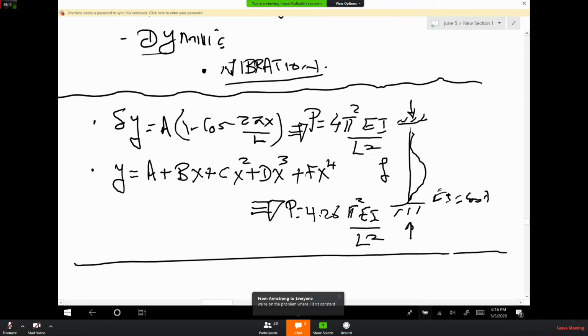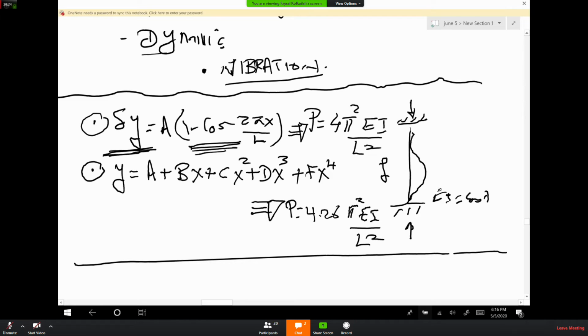And as we said, the difference between these two problems is what? In the first, we assume delta y and we assume 1 minus cosine. In the second, we assume y, and we assume a polynomial function. You can do the same problem by assuming delta y or assuming y, and you can assume a trig function or a polynomial function. Assuming delta y or y is not going to make a difference. What's going to make a difference is the function you assume.